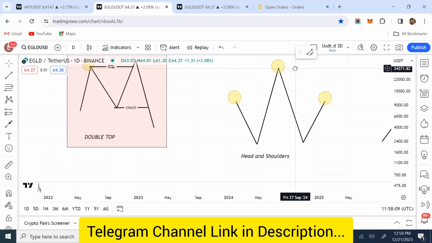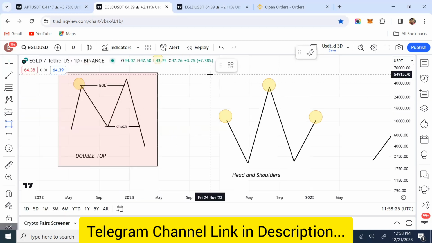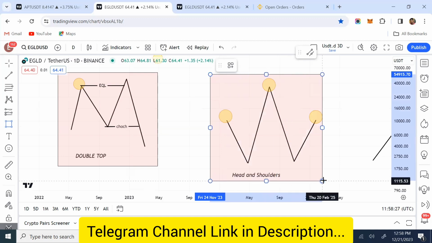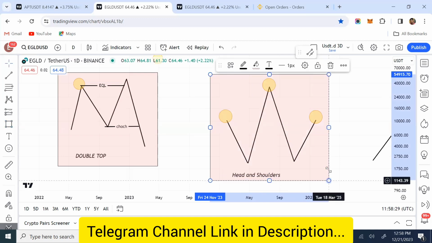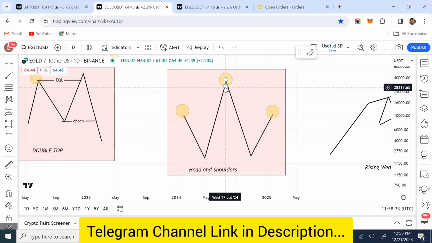Now you can see this is called a head and shoulders. This right here is called a head and shoulders. The head and shoulders pattern is a reversal pattern.